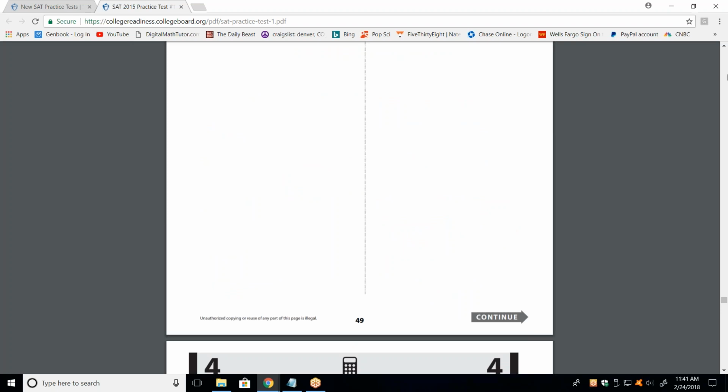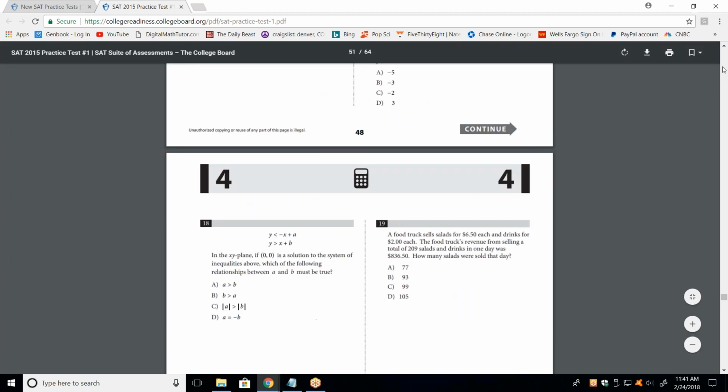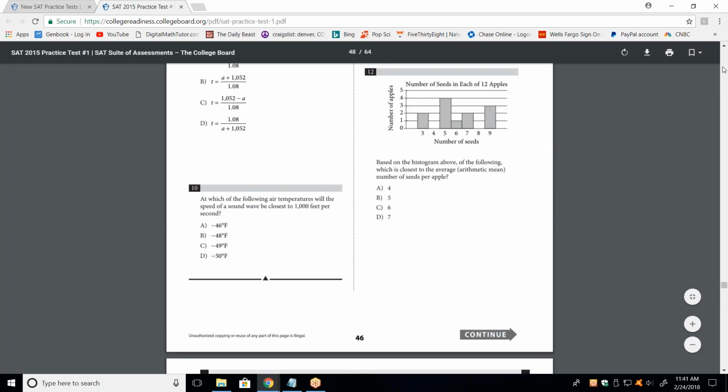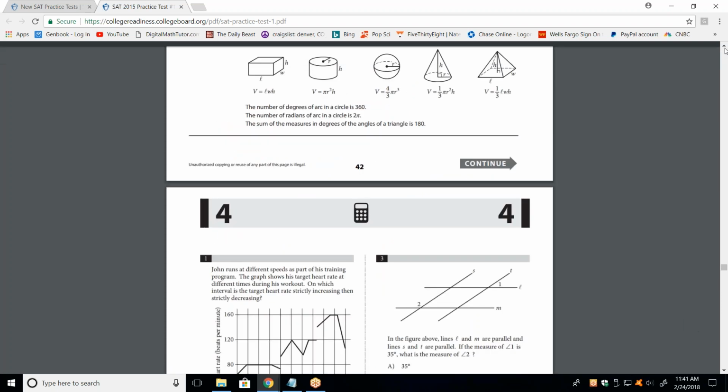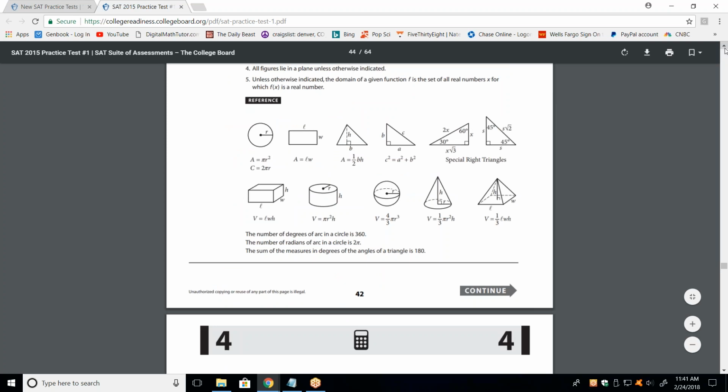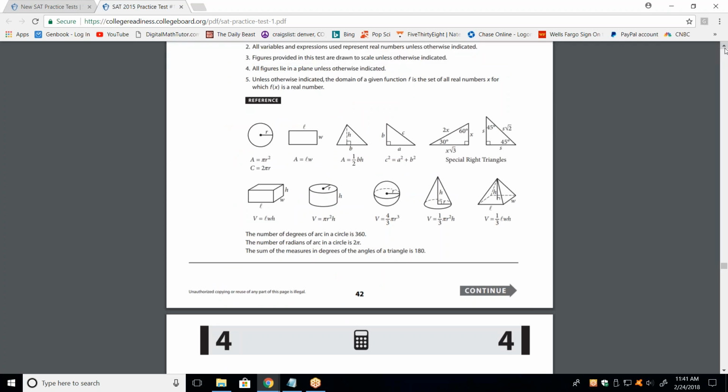I don't know how far back we have to go, but at the beginning of the math test, they give you all these formulas. Right there. So when you're taking the test, bookmark this page because you may have to go back and refer to it.